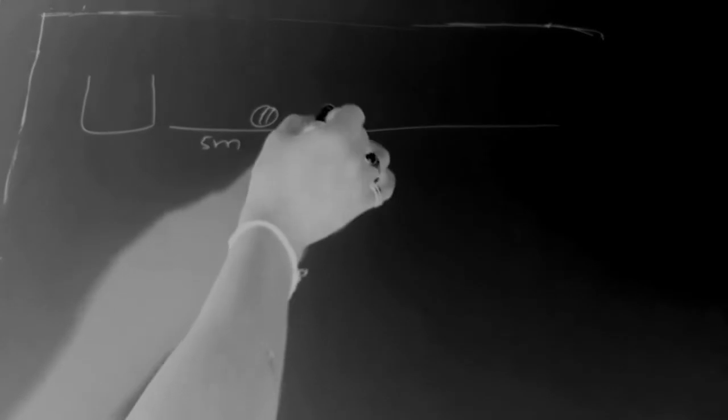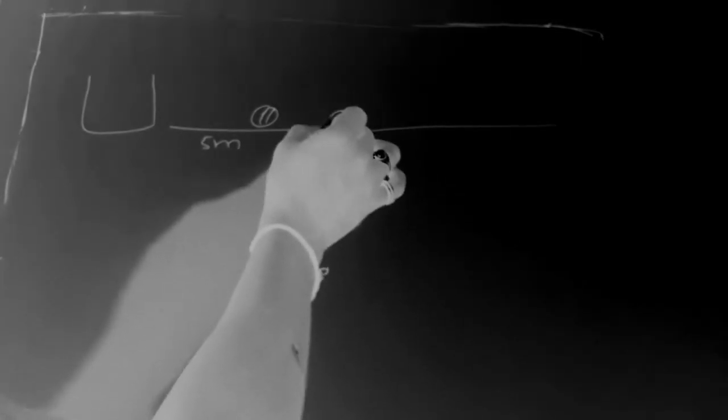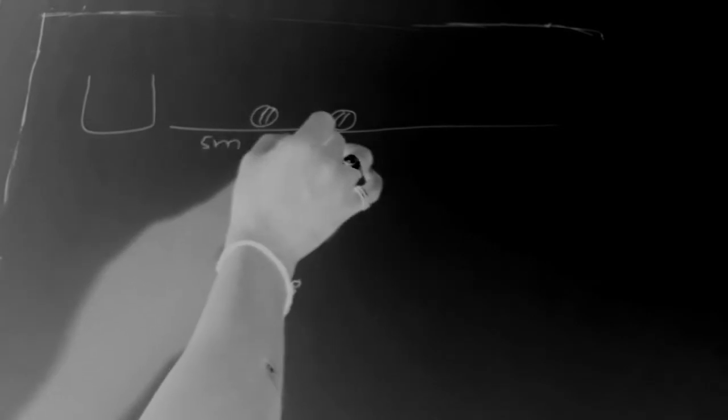So here is a basket. Here they are placing some balls. So the first ball is at a distance of 5 meters. Next, each ball is separated by a distance of 3 meters. So the distance between first ball and second ball is nothing but 3 meters.